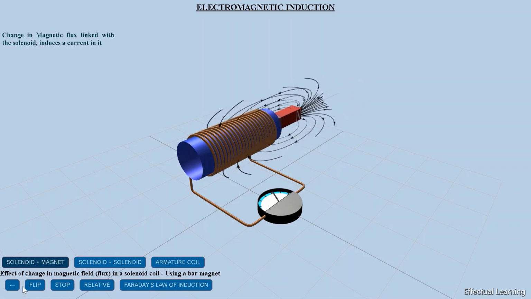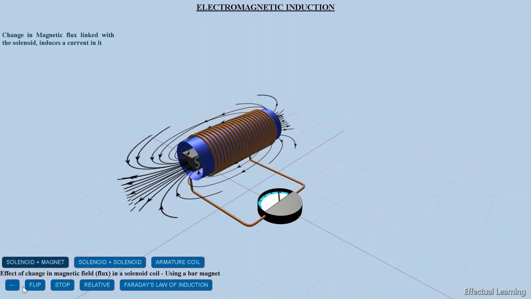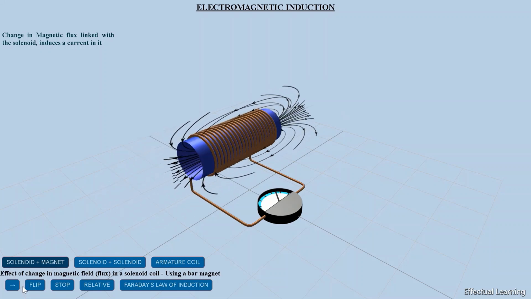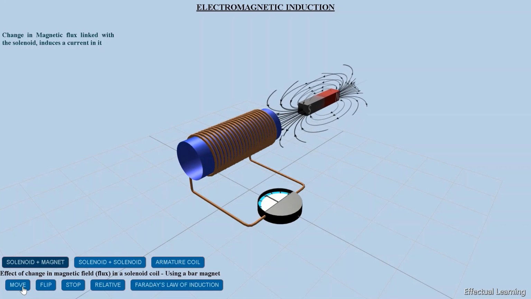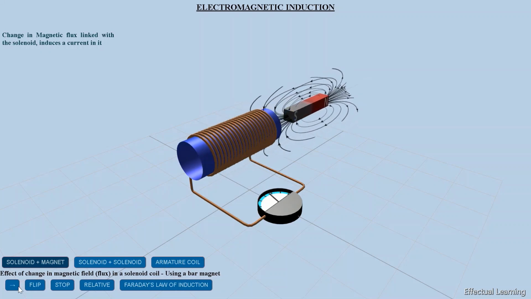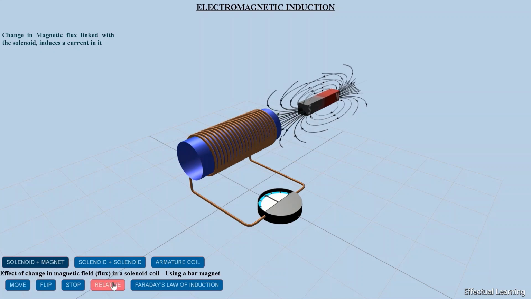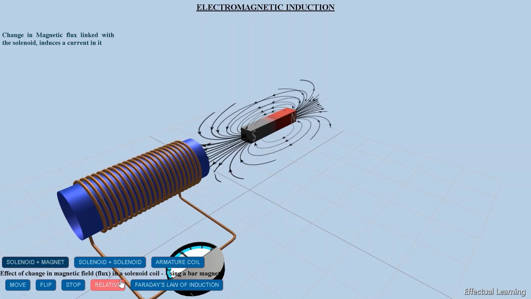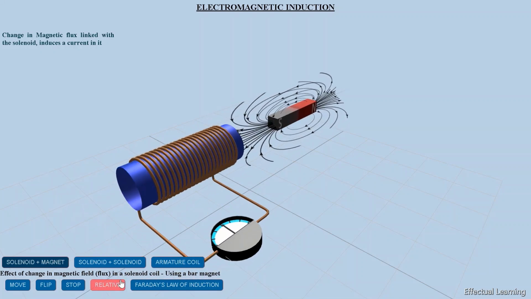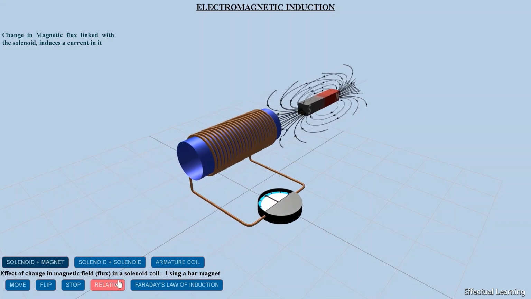On moving the bar magnet again inside the solenoid coil, the galvanometer needle deflects in the opposite direction. This indicates that a change in the magnetic field lines linked with the solenoid coil induces a current in the wire. If the magnetic field lines linked with the coil remain unchanged, no current is induced in the coil.